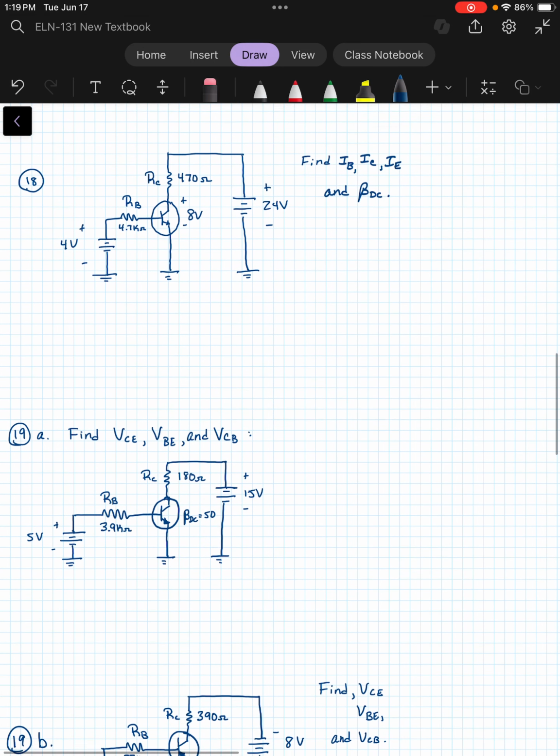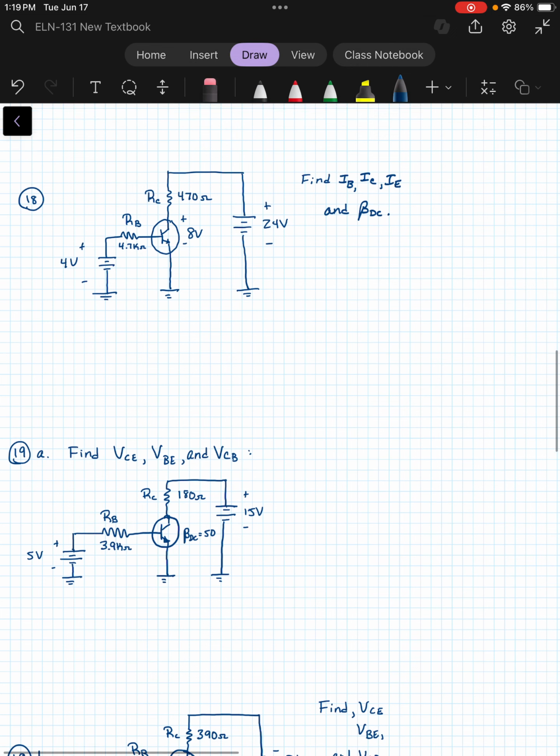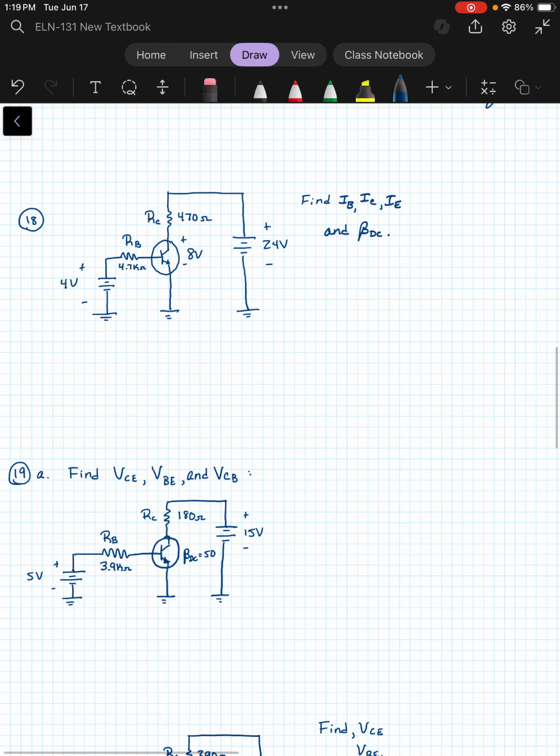Okay, for 18, we want to find our currents here, IB, IC, and IE, and beta. So we're not given beta this time. What we are given is the voltage drop across the collector to the emitter. So that's going to help us figure that out. So first of all, let's look for IB. Now remember, IB is going to be the voltage drop across RB.